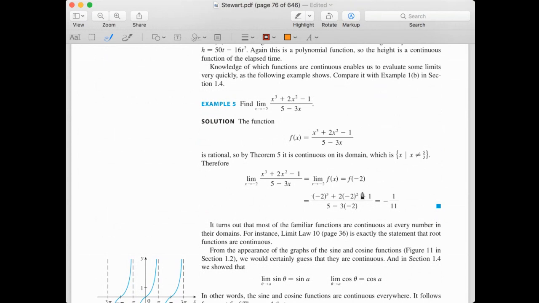When we evaluate, that's -1/11, which is f of -2, right? Because -2 is in the domain of this rational function. So we have no problem plugging in. That means this rational function is continuous at x equals -2.